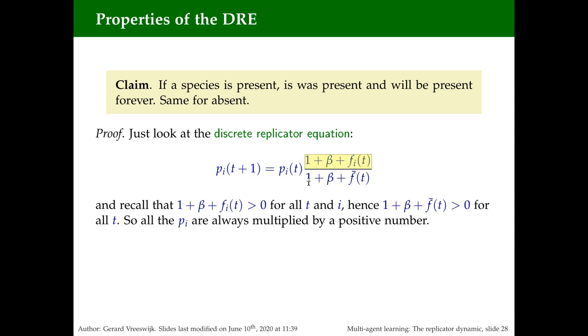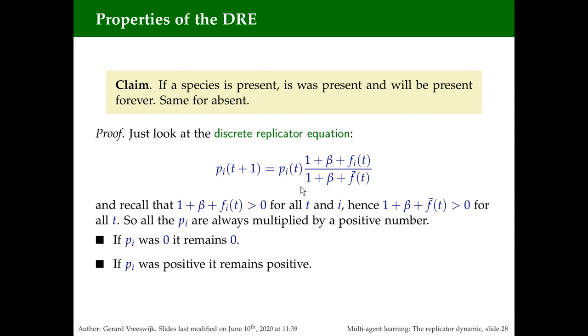So this number is positive, and therefore this number is positive, and therefore the whole fraction is positive, and therefore you're always multiplying by a positive number, and the result immediately follows. So if the proportion was absent, it remains absent, and if a proportion was present, it remains present.